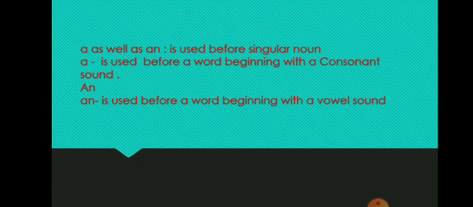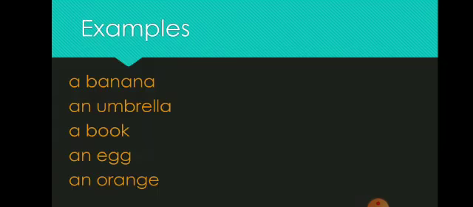And we are talking about how to put a before a noun. A is used before a word beginning with a consonant sound, and an is used before a word beginning with a vowel sound. You know there are 5 vowels in English: a, e, i, o, u, and sometimes y is also used as a vowel.